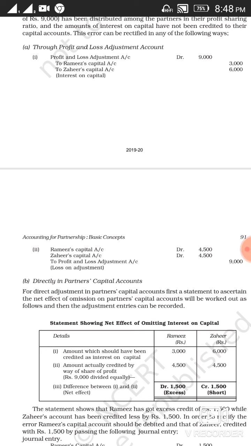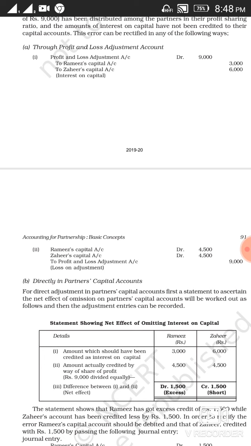As you can see in the above two entries, Ramesh's capital account is to be credited by 3,000 and Zahir's capital account is to be credited by 6,000, whereas in the second entry Ramesh's capital is to be debited by 4,500 and Zahir's capital is to be debited by 4,500. So on comparing these two journal entries, you can make a single entry.